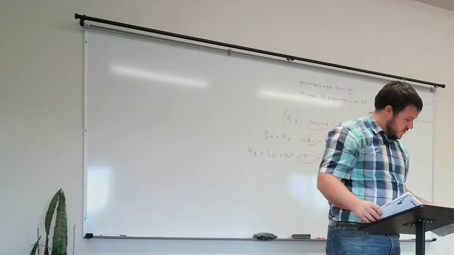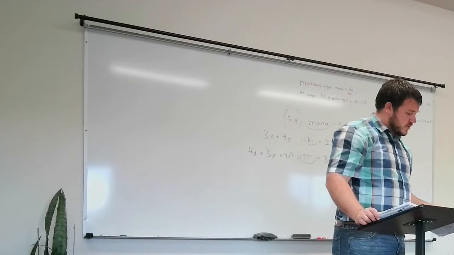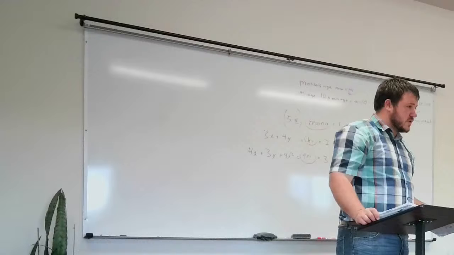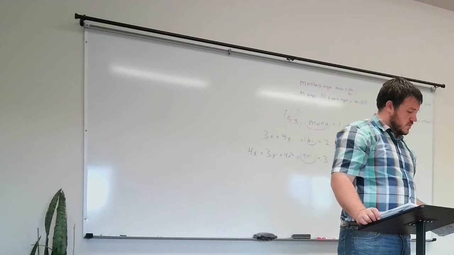All right, so you said 38. The length is 3 times as long as it is wide. Just like we did, label and represent the values of the variable, right?